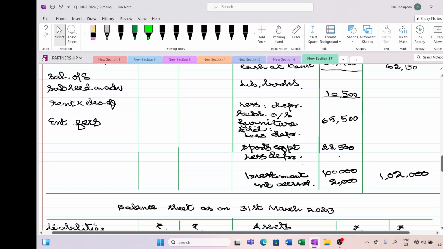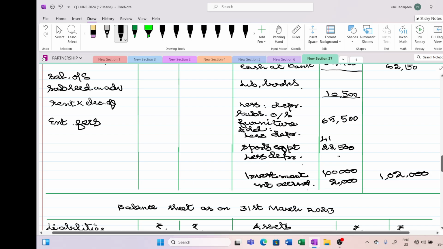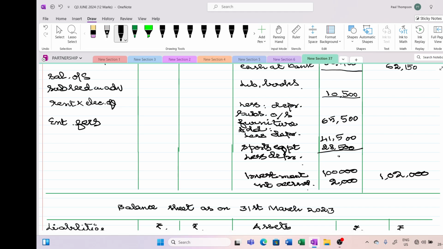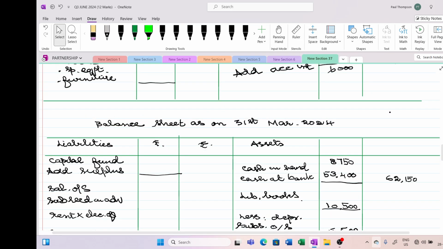Sports equipment 41,500. This year we purchased 28,500. So the total comes to 70,000. We will go for depreciation later. So now let us first finish this. Okay.